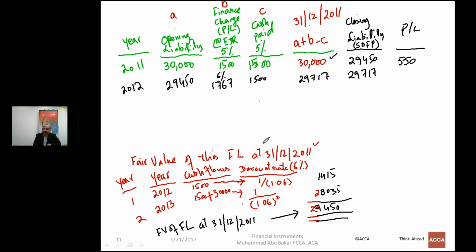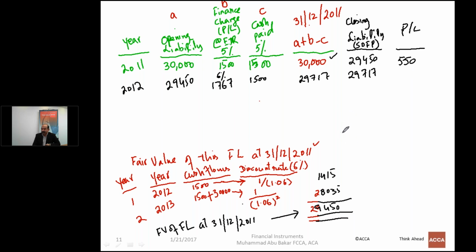If there is a change at the end of 2012 in the market interest rate, after these calculations, again you will be calculating the same way the fair value at the end of 2012. And the difference between the fair value you calculated by applying this technique and this 29717 will go to the profit and loss account.